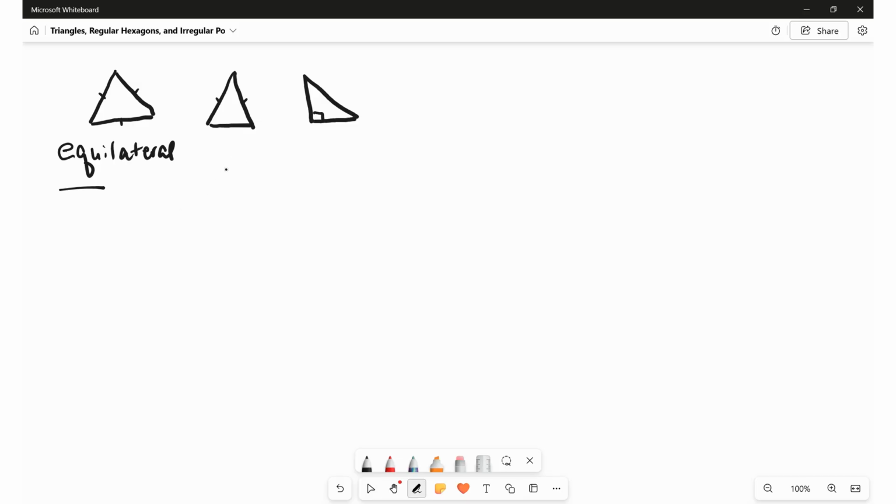So this is equal sides. This one is isosceles. Isosceles triangles have two equal sides, these two legs, and also these base angles are equal.